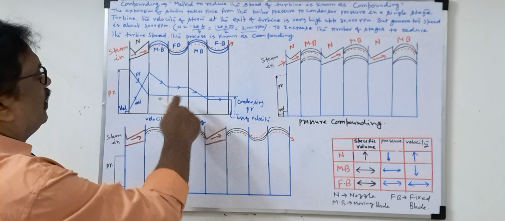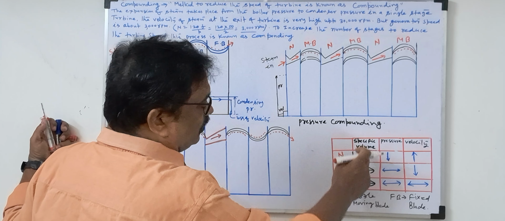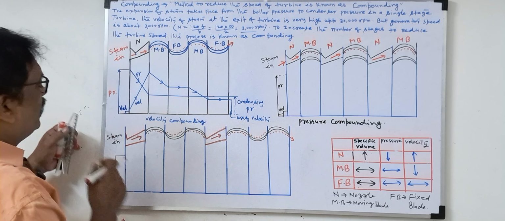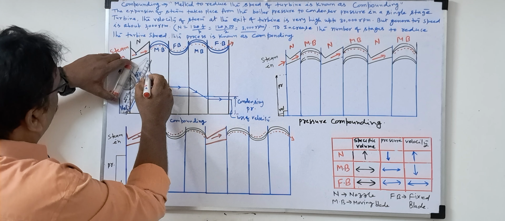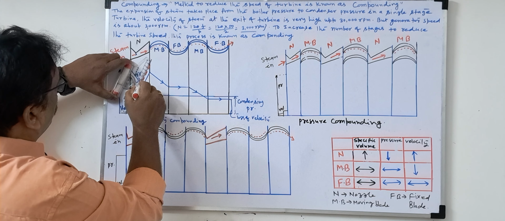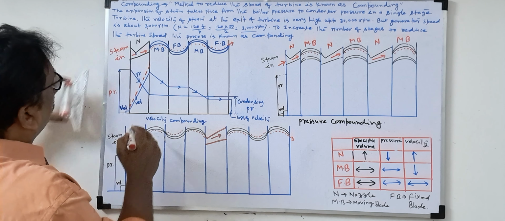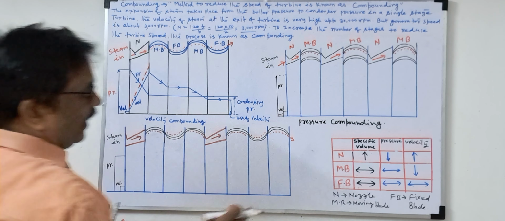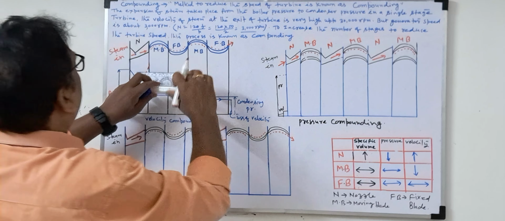If you see the specific volume here, sometimes they will ask you about the specific volume when showing pressure and velocity. What is the character of the specific volume when it passes through the nozzle? It will increase. I am drawing the dotted line for the specific volume in red color. The specific volume increases when it passes through the nozzle, and in the fixed blade and moving blade it remains the same.